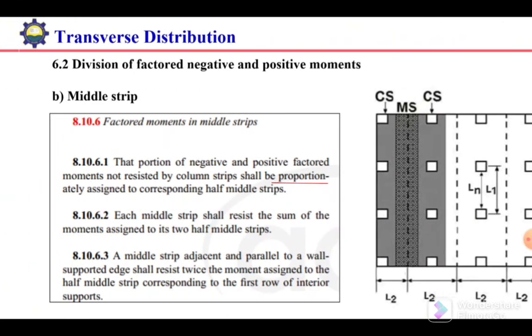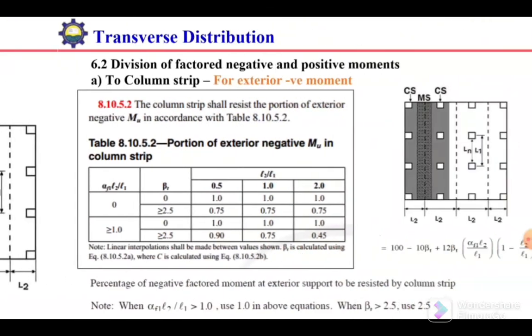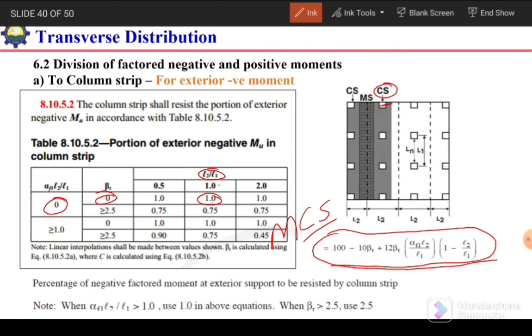In the last slide, in the distribution of exterior negative moment, we had one factor, beta T. This beta T is actually the torsional stiffness ratio.